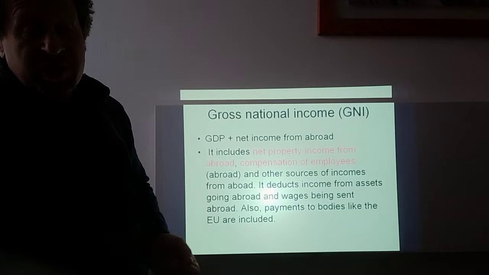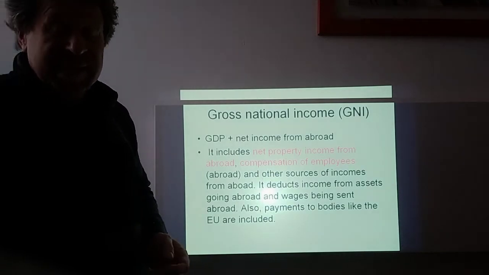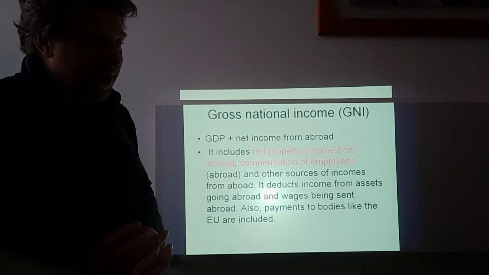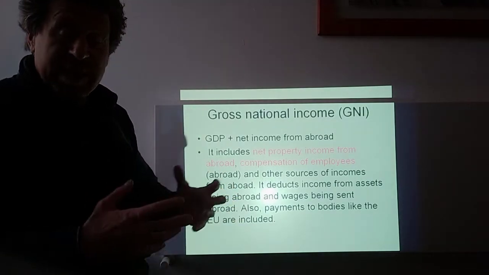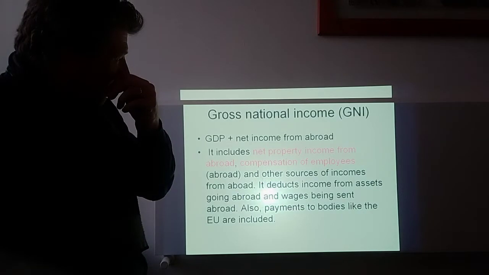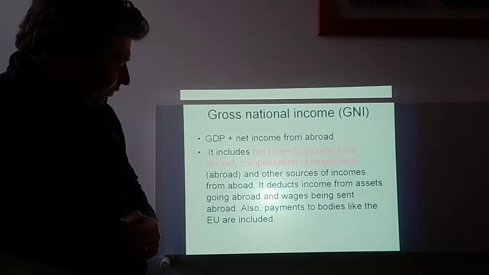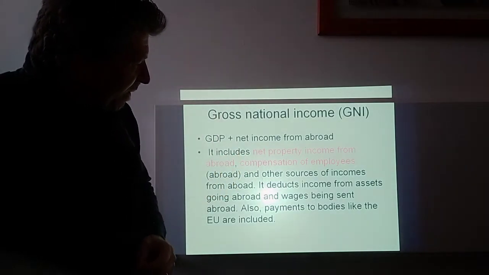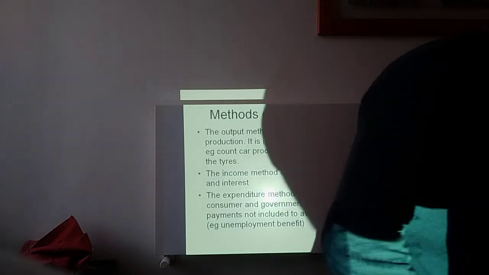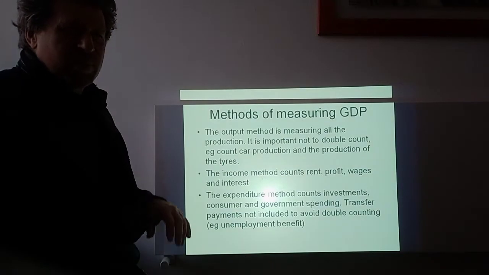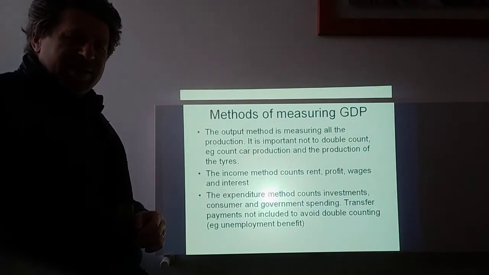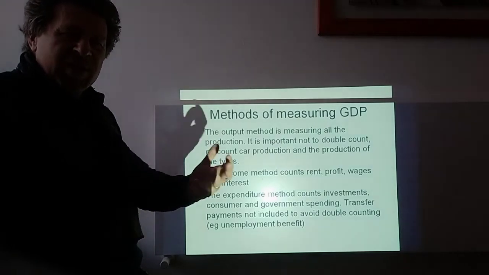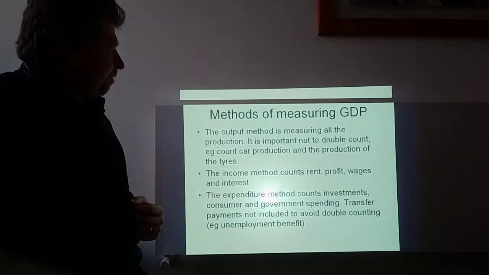But the European Union paid Italy 200 billion, I think, this year to help the Italian economy. This would be added to the gross national income. So that's very important. Let's talk about the income in Italy. Not what's produced here, but just the income. So we have to deduct that going out and add that coming in.